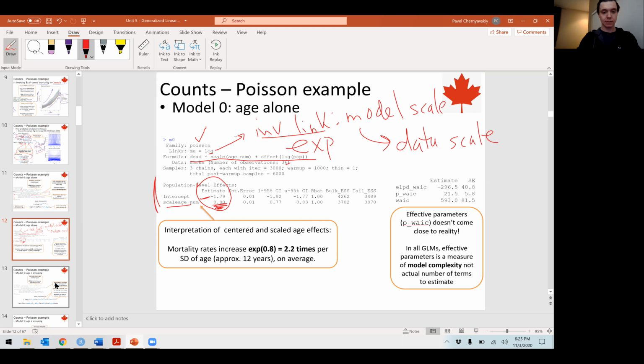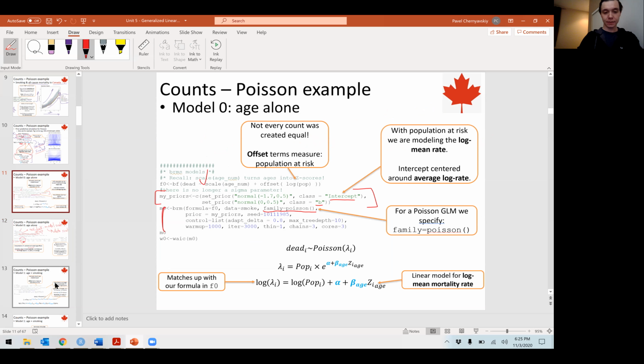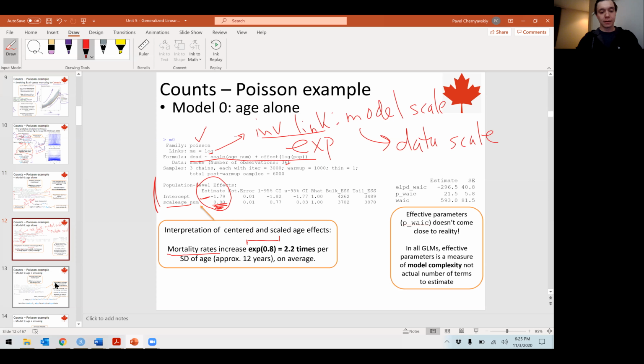And in this case, remember that we need to exponentiate it. So what we say is our mortality rates, right? I can rearrange this to put lambda over the population on the right-hand side, and this is a rate. So our mortality rates increase by e to the power of 0.8, that's the coefficient, which is 2.2 times per standard deviation increase in age. Why standard deviation?